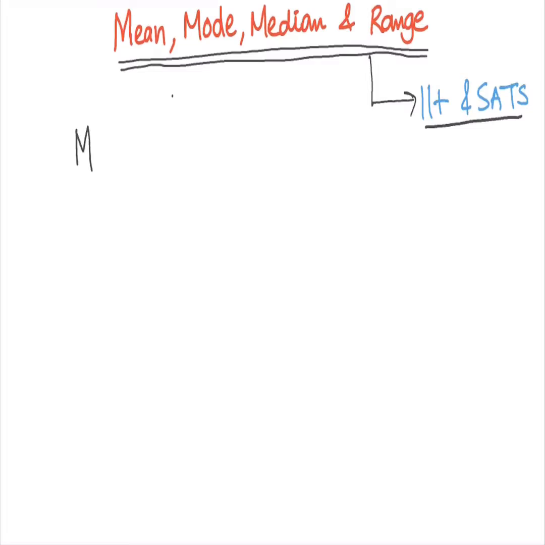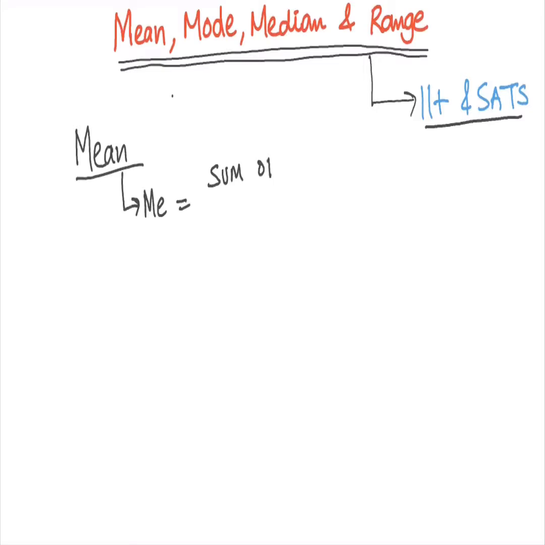So what is mean? Normally we represent mean by ME. And mean is equal to the sum of all quantities divided by the total number of quantities. So ME is equal to the sum, meaning addition. So add up all quantities.